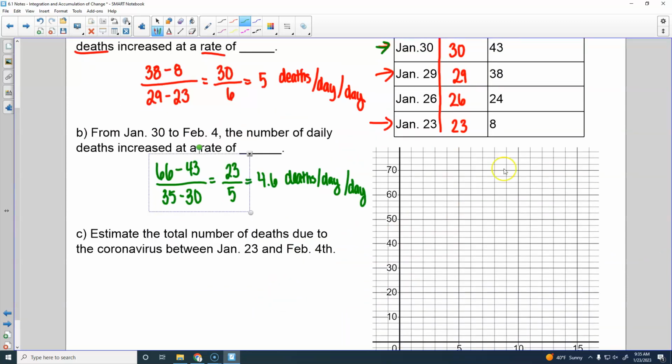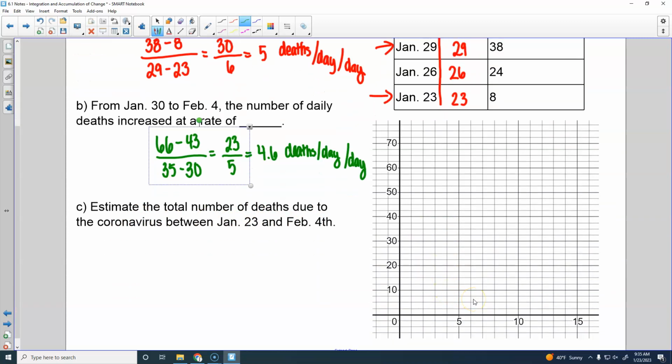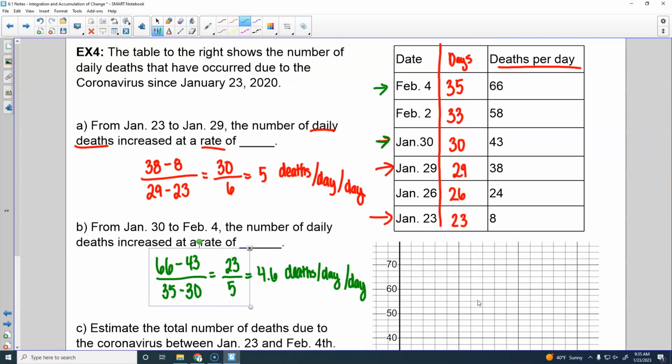All right, so if we have this information, it asks us to estimate the total number of deaths due to the coronavirus between January 23rd and February 4th. So let's do like we did on the last problem, and let's graph, although, given my graph, I need to rethink what I was doing here. Let's make this 0.